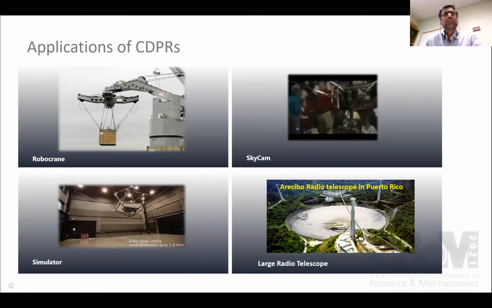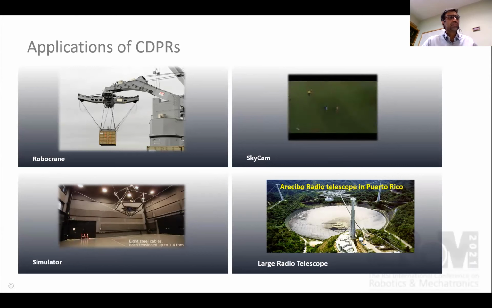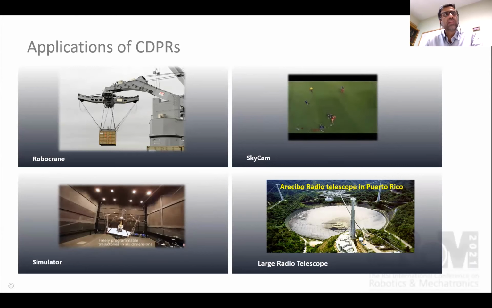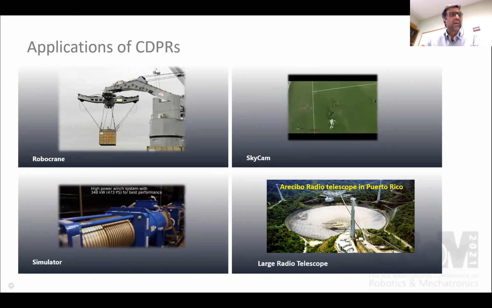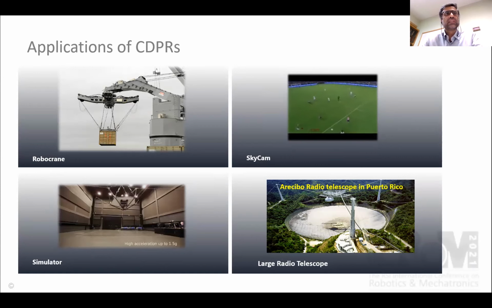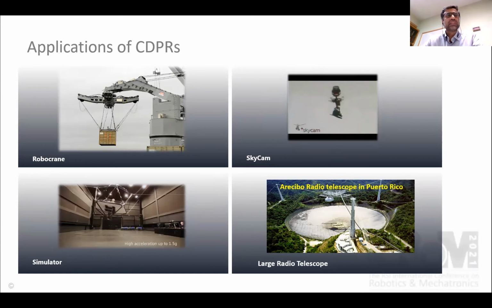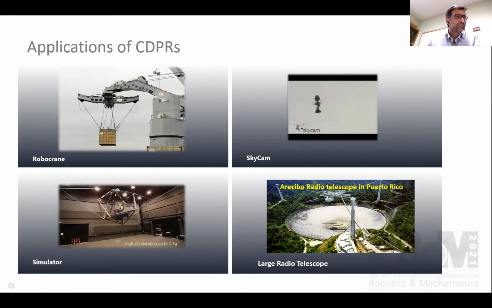Replacing rigid links by cables enables cable-driven robots to be used in many high speed and large applications similar to RoboCrane, SkyCam, simulators, and large radio telescopes.